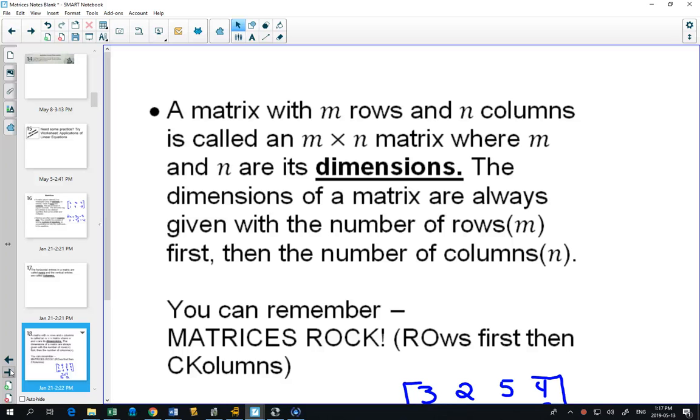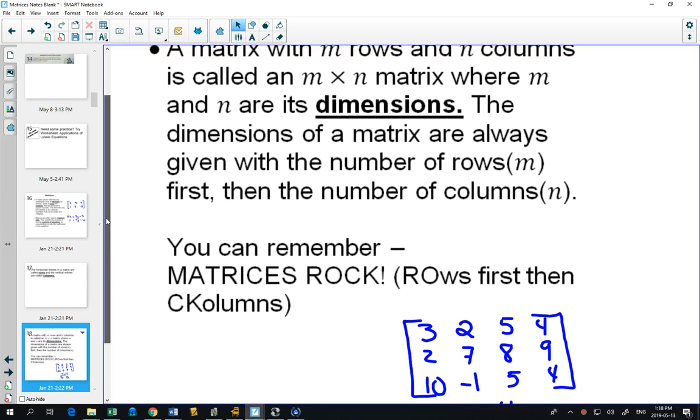They're awesome. And if you remember that matrices rock, the RO stands for rows, and the CK stands for columns. It's perfect. Just a little stutter in there and you've got it. And you will be able to say the dimensions of a matrix from that.